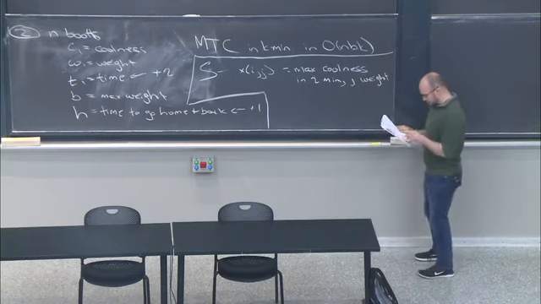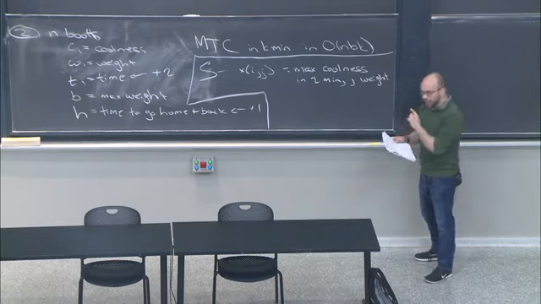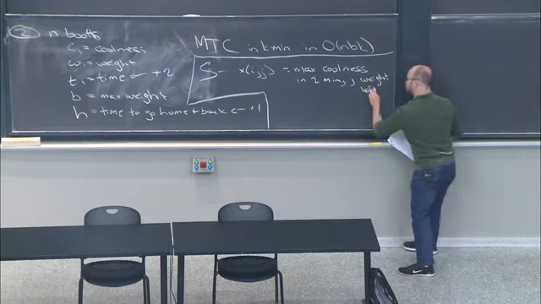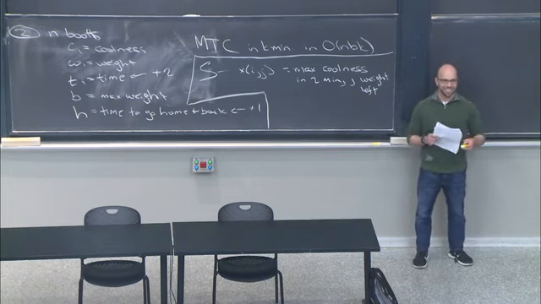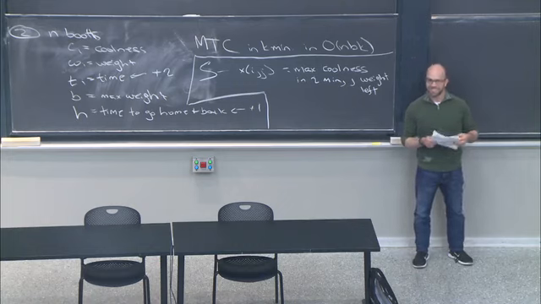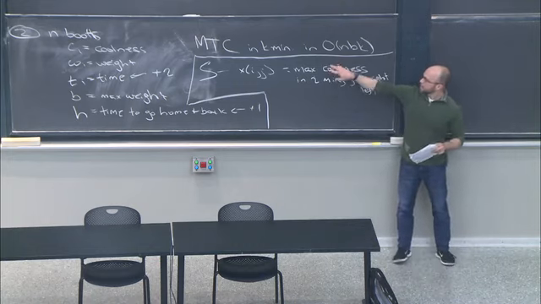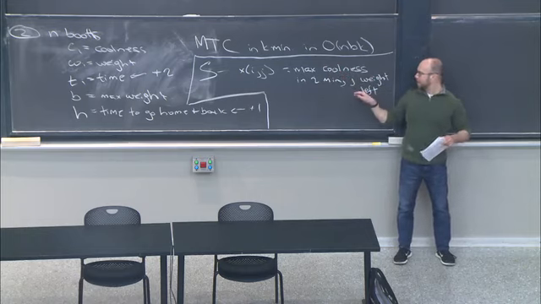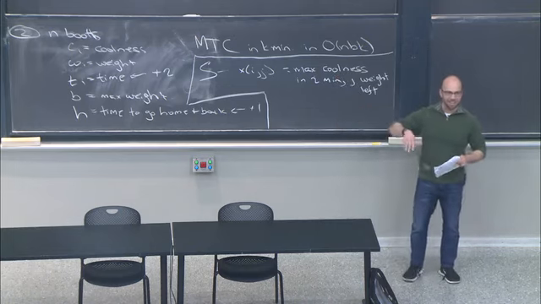Let me glance at my answer to see if it's weight left in his bag or weight that he's carrying. Left in his bag. Either one would make a reasonable problem. I'm just bad at looking at my notes and seeing them disagree with the board, so I'm going to try and stay consistent. Okay, so x_ij is the max total coolness in i minutes with j weight left, rather than in k minutes with b weight, which is going to be our base problem.